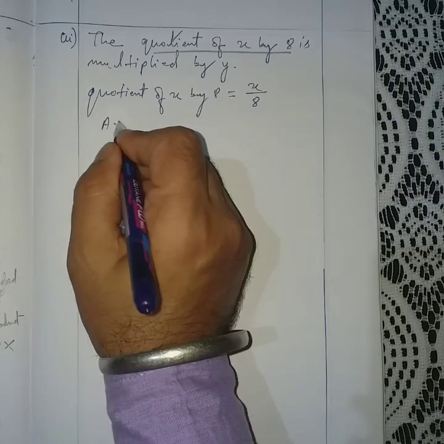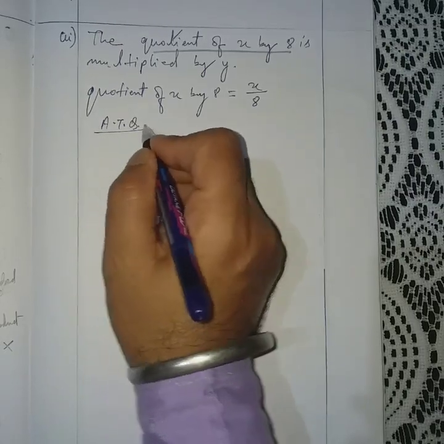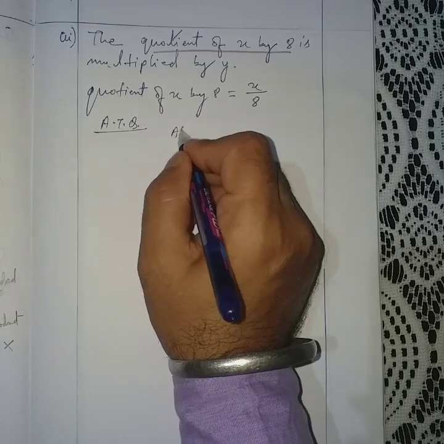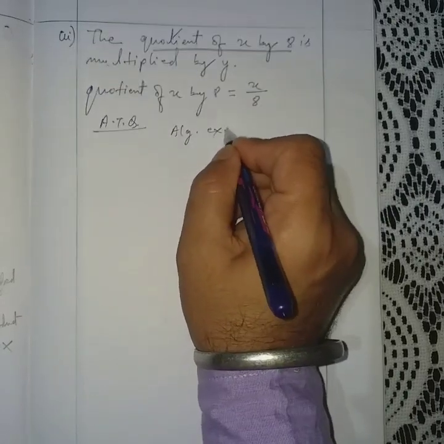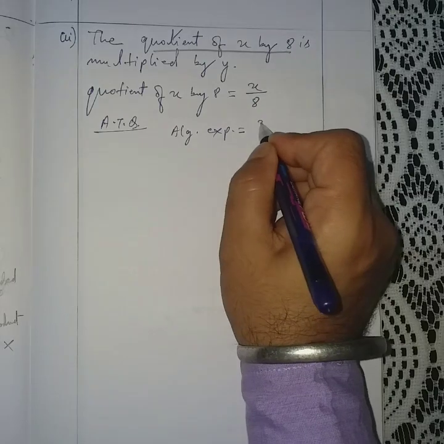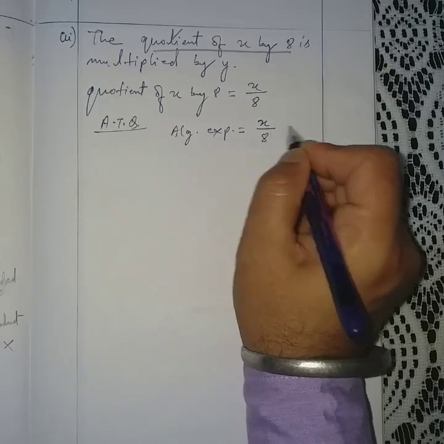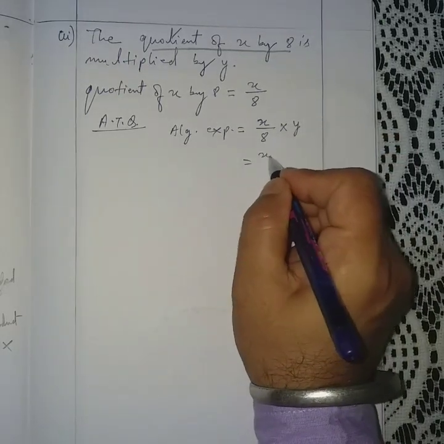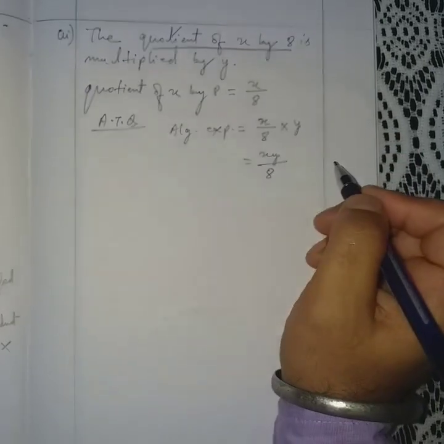So according to the question, the algebraic expression will be equal to this quotient, that is x by 8 multiplied by y, which is equal to xy by 8.